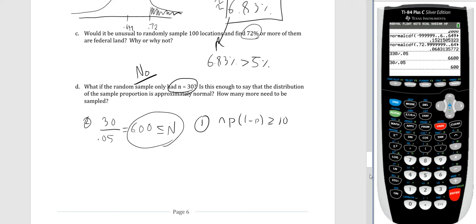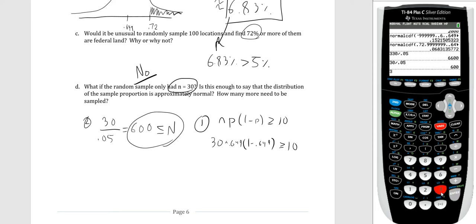Well, if I run this now with 30 instead of 100, times 0.649 times 1 minus 0.649, I want to confirm if that is still greater than or equal to 10. So let's see.